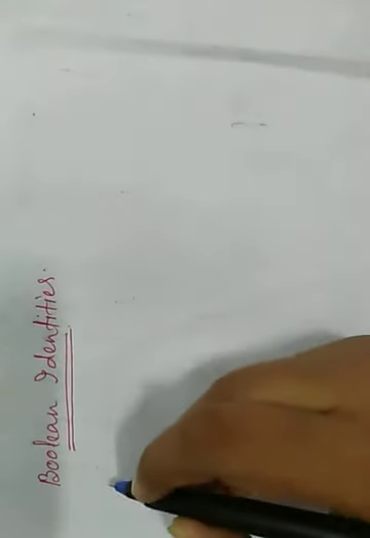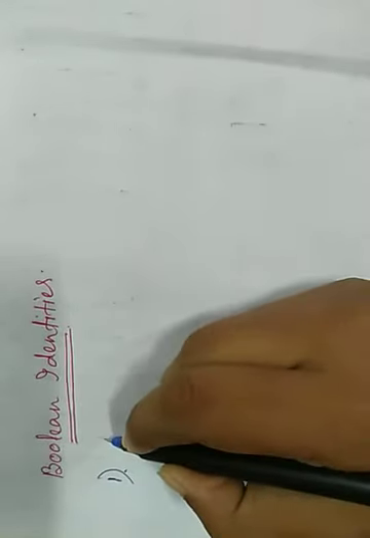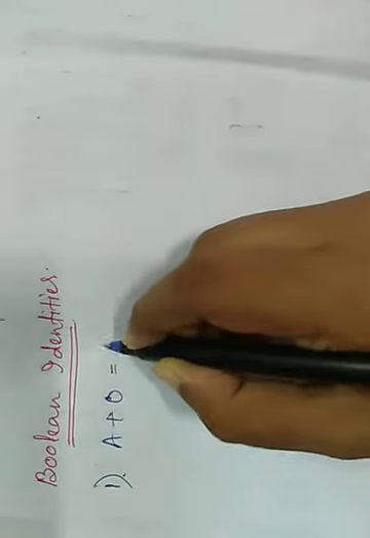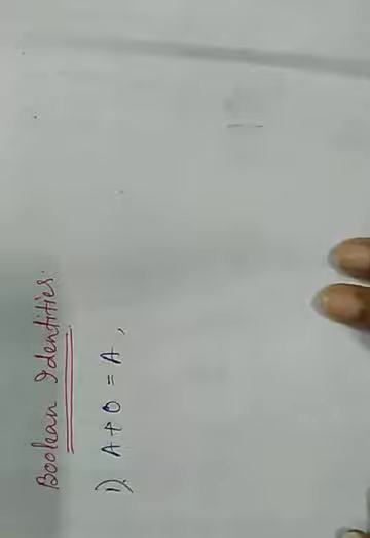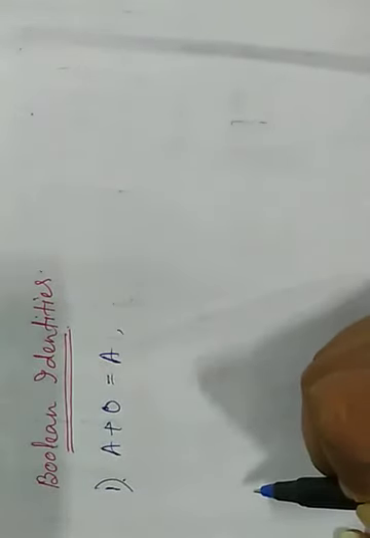Okay, so let us see what these Boolean identities are. Our first Boolean identity is a plus 0 equals a. What is a? A is any Boolean variable. Now let us see how this is valid for a Boolean variable.